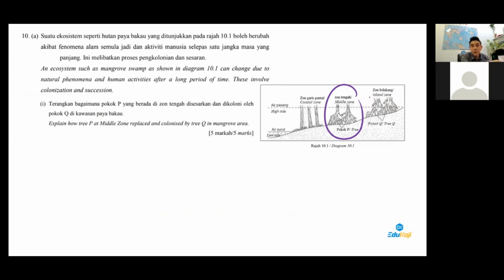is replaced. So guys, if you're familiar with the process, we say that over time, they will trap mud, they'll trap organic matter, the land becomes higher, becomes more suitable for the next one. So Q will succeed P as the dominant species.